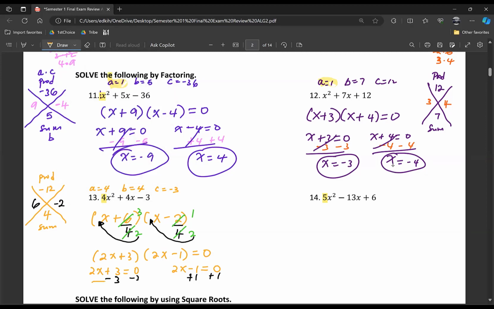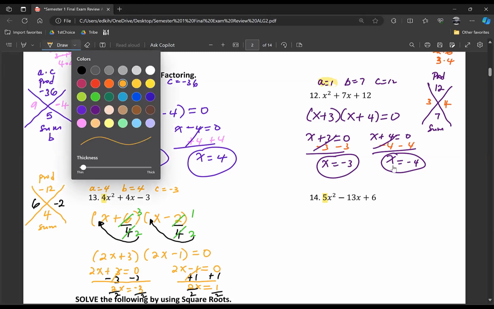Right? So here, you're going to end up having 2x equals -3. And here, you're going to have 2x equals 1. And last but not least, you're going to divide this side by 2 to get x by itself. This side by 2 to get x by itself. Now since I ran out of room, I'm going to write the answer up here.